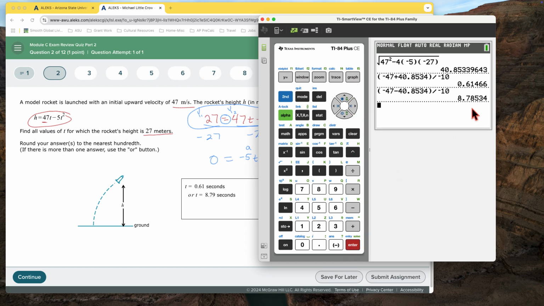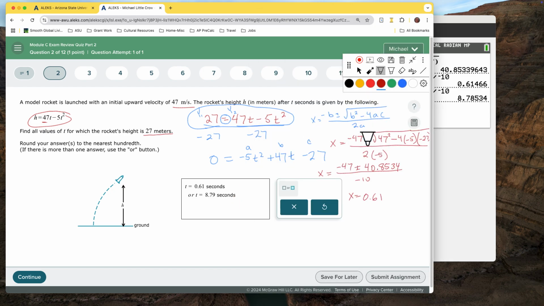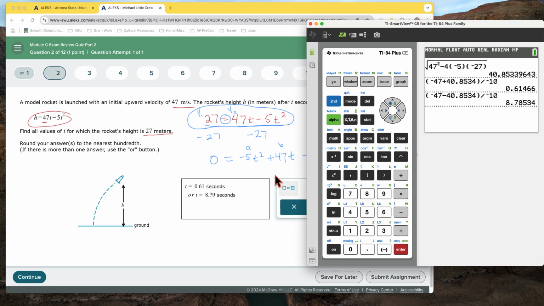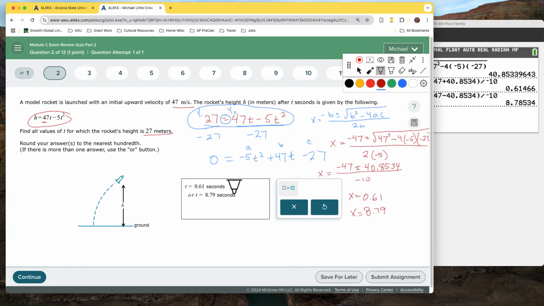And you should get the other one, 8.79. So 2 ways to go about it. If you like using the quadratic formula, it's there if you can memorize it, or we can use the graphing feature of our calculator to find the intersection at the top.